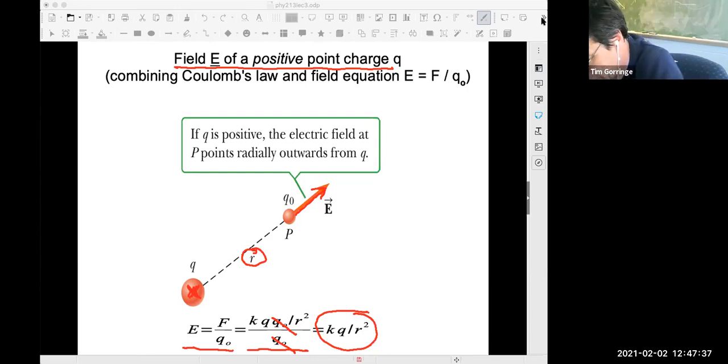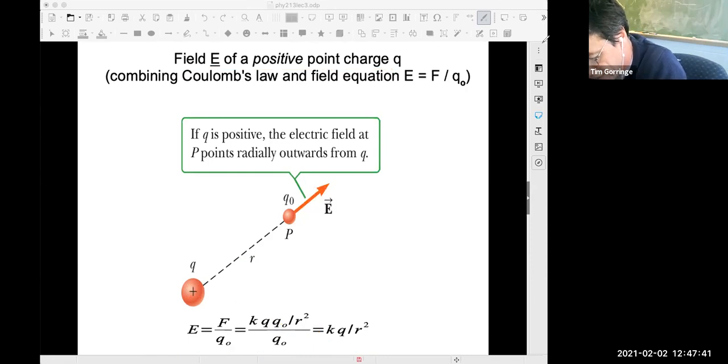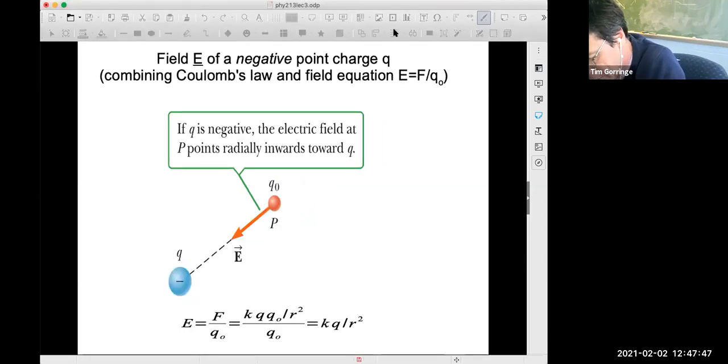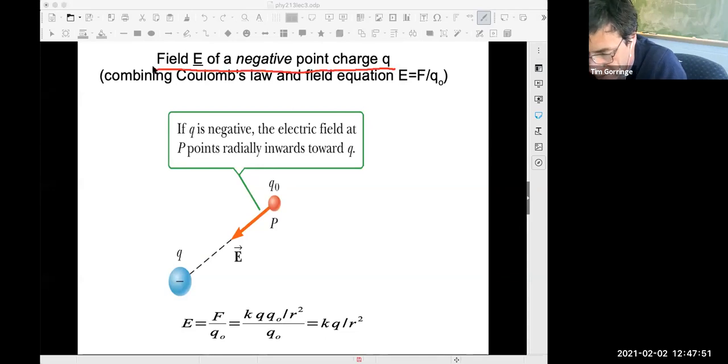Let's look at the field that's created by a single negative charge. Let's compare that as another important building block. And so that's this slide. This is the electrical field of a negative point charge.